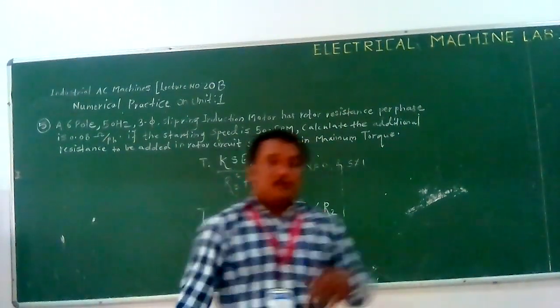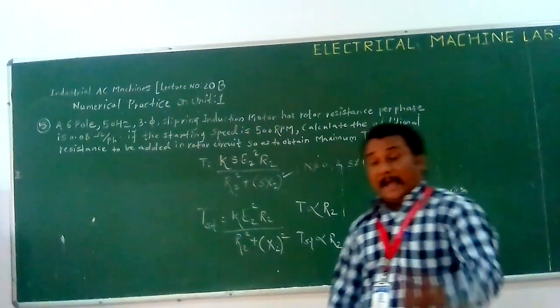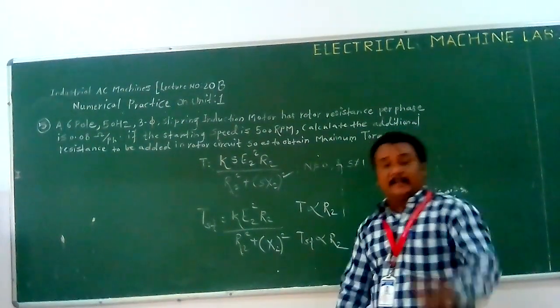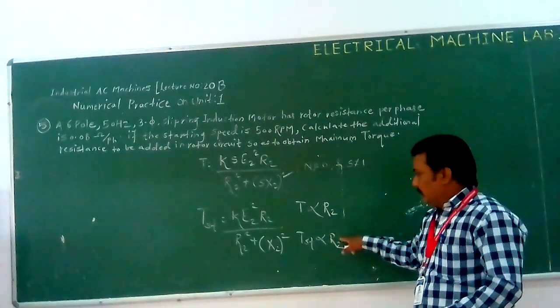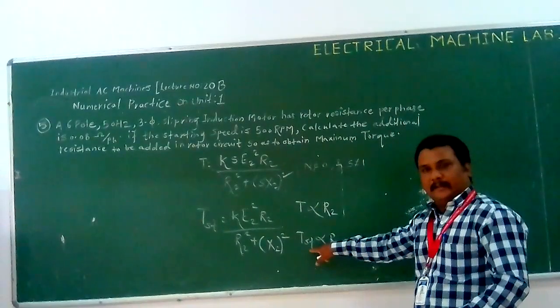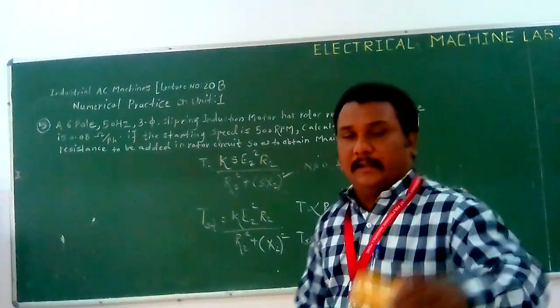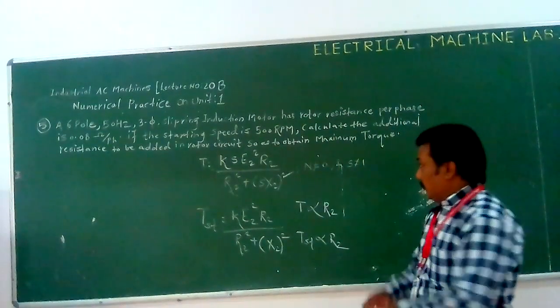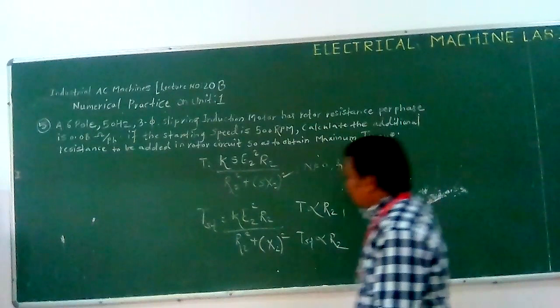Means for improving machine torque, we can use additional resistances. As the rotor resistance increases, under starting or under running, machine torque will also increase. And this kind of provision is provided only in the slip ring induction motor. So this is the summary of background for these numericals.